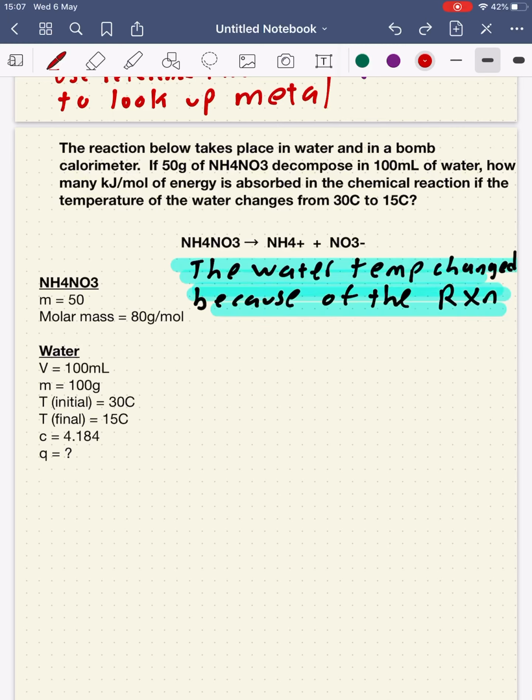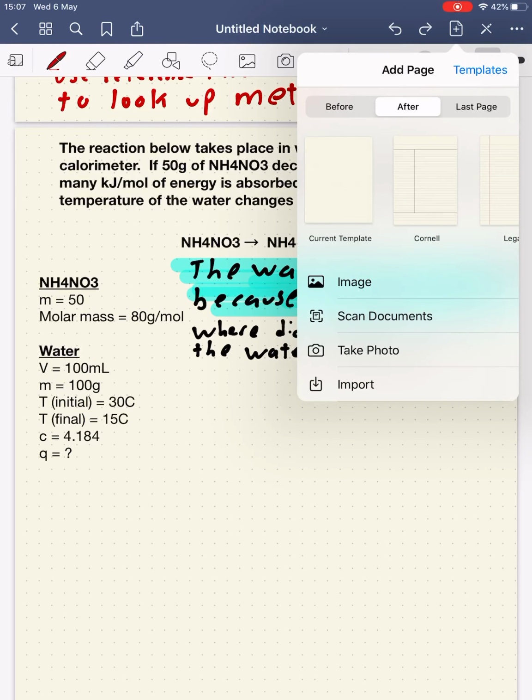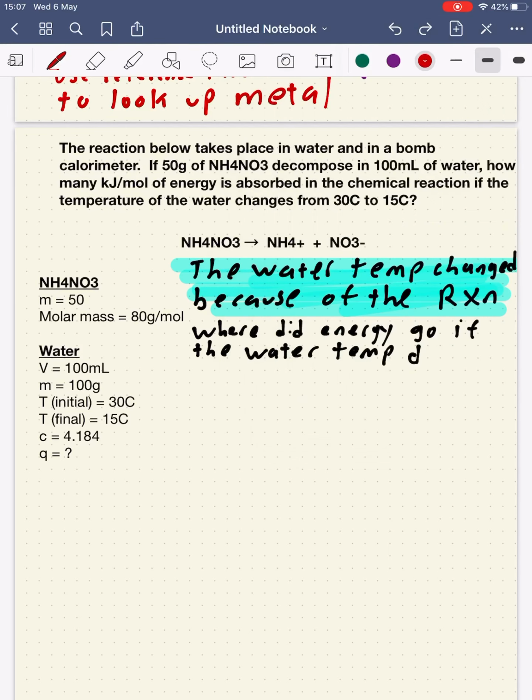Okay, so that's important. I also want to ask you this question of where did the energy go if the water temperature decreased? That's an important question to consider too. Where did the energy go?